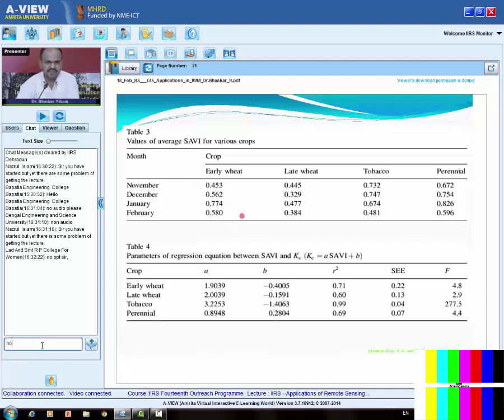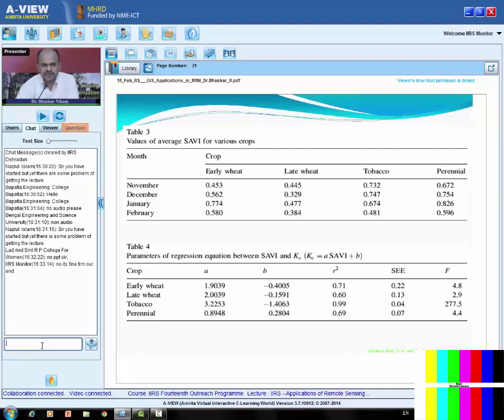So this tells us that there could be a linear relation between crop coefficient and this vegetation index, and this assumption we have exploited here to derive a linear relation between crop coefficient and vegetation index. This table shows the slope, the intercept, R square, and the standard error of those relations. So now we have, for 4 crops, the relation between vegetation index and the crop coefficient.